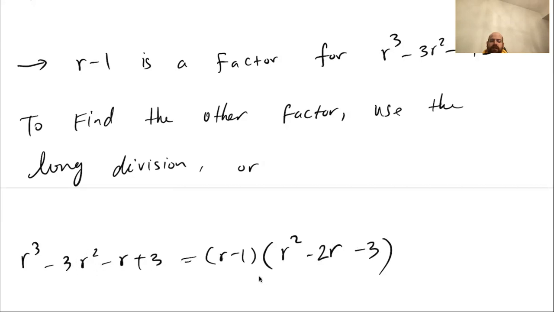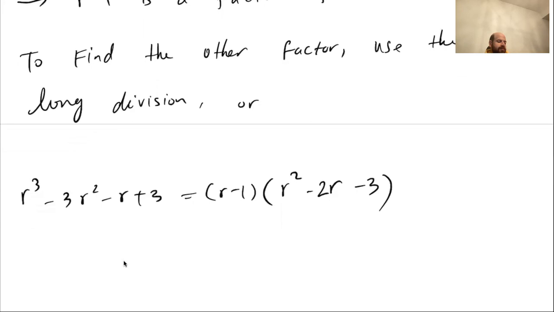I already have minus r squared here, so this should be minus 2r, so that I'll get minus 3r squared in total. To verify your answer, you can check the coefficient of r, which has to be minus r. It is minus r here, because minus 1 times minus 2r is 2r, minus 3r gives me minus r. So this is the factorization of this cubic polynomial.